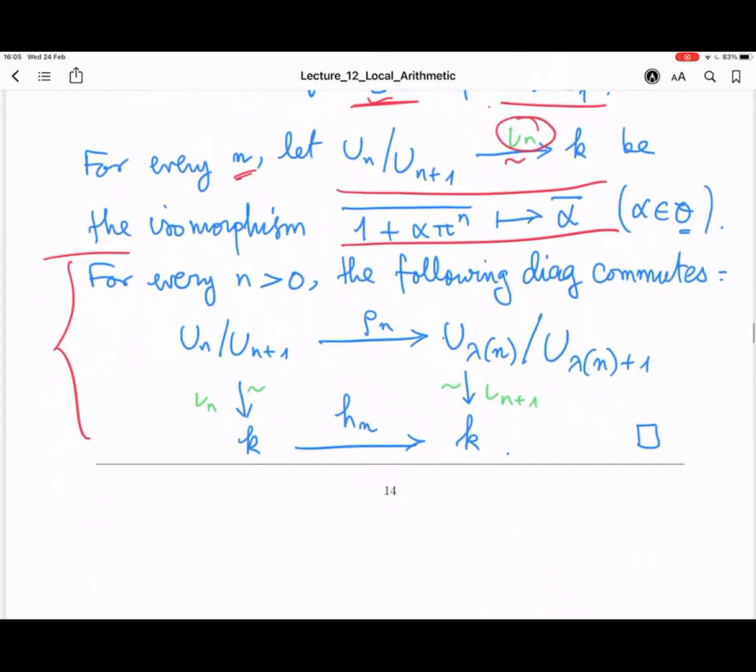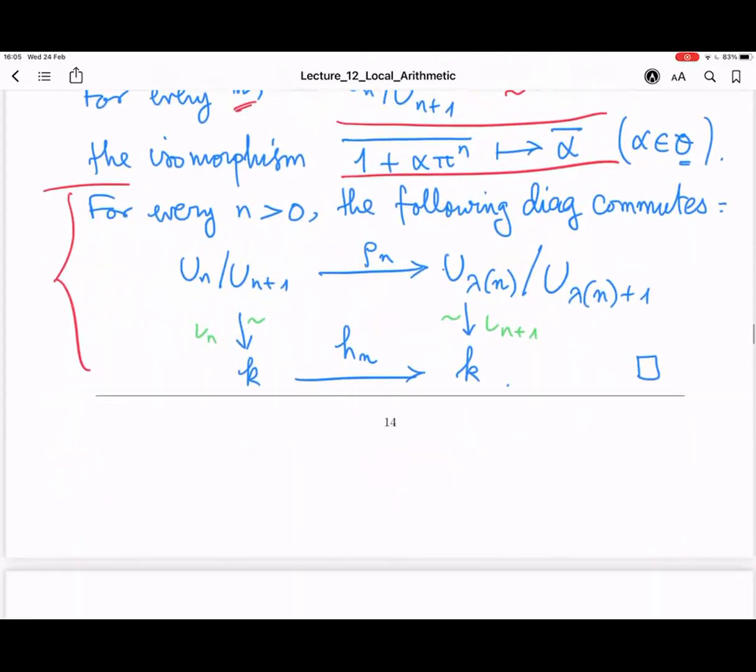Okay, so the assumption is, in that case, the map induced by raising to the power p from Un modulo Un plus 1 to U lambda n modulo U lambda n plus 1. This is the map induced by raising to the power p. And these vertical maps are the isomorphisms with the residue field k in both cases. And the horizontal map here is Hn.